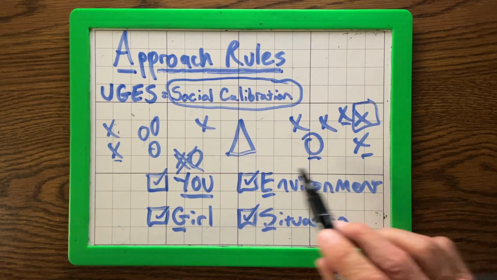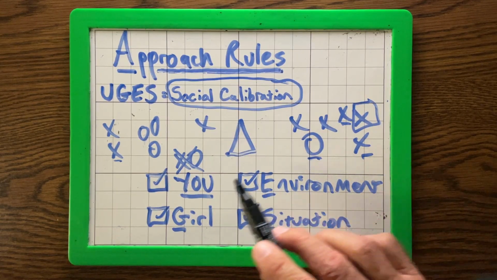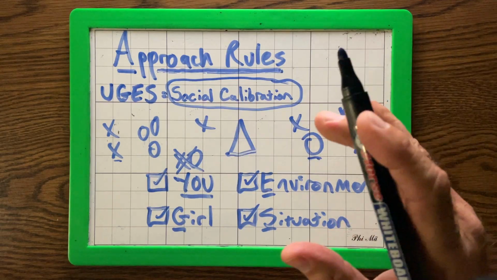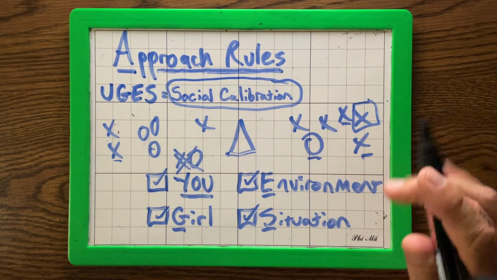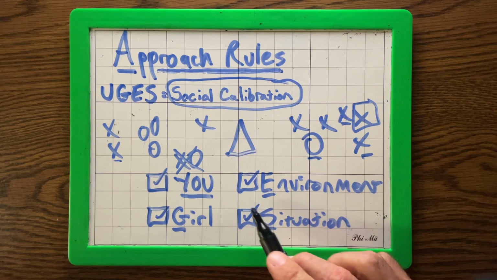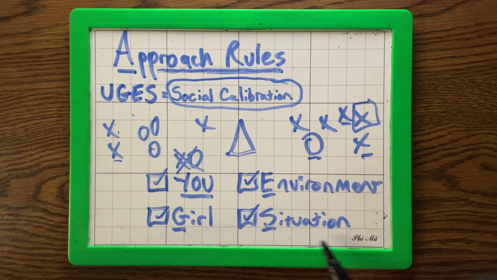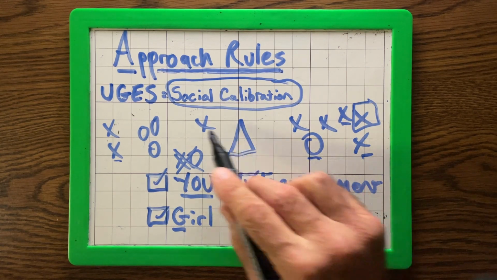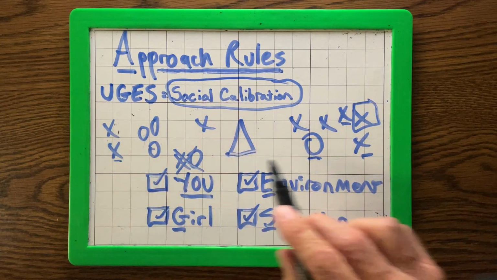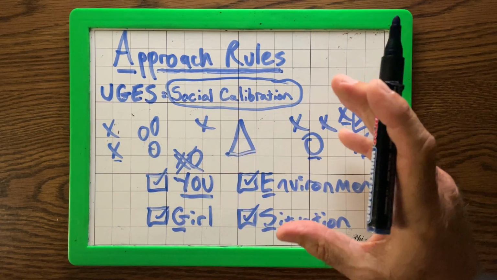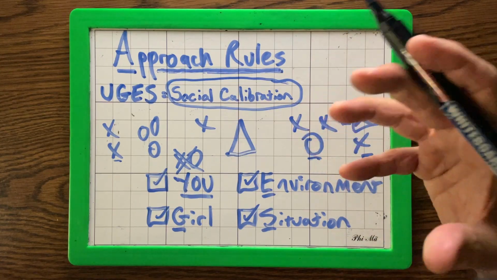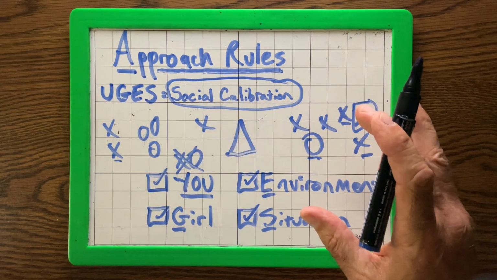Then the environment you're in. Is it loud? Is it dark? Is it highly active? Is it a library? Is it a swimming pool? You have to consider the environment itself. And finally, the situation. If in this group example, these are all coworkers and you know them all, then your game should look different and feel different than if they're all total strangers.